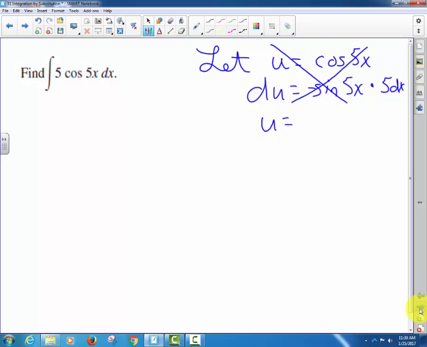What if we said u is 5x? Then what would du be? 5 dx. Now that looks a little simpler, doesn't it? So let's see, can we do anything over here with the integration? Well, I've got a 5 to begin with. What am I going to do with that? This is where students sometimes get stuck.